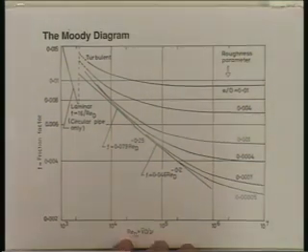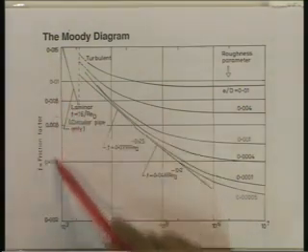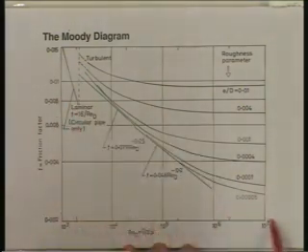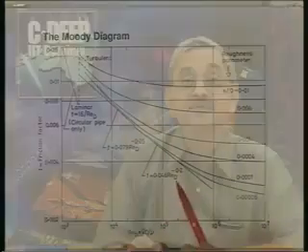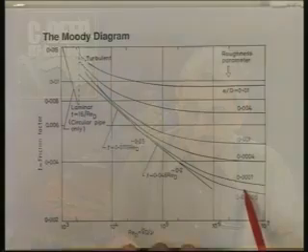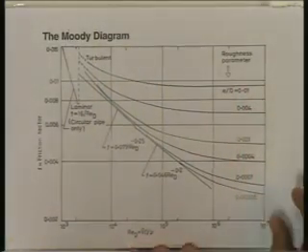The Moody diagram is a log-log graph. On the y-axis we have the friction factor and on the x-axis we have the Reynolds number. The Moody diagram is a relation between friction factor and Reynolds number with the roughness parameter as the third parameter for flow through circular ducts.